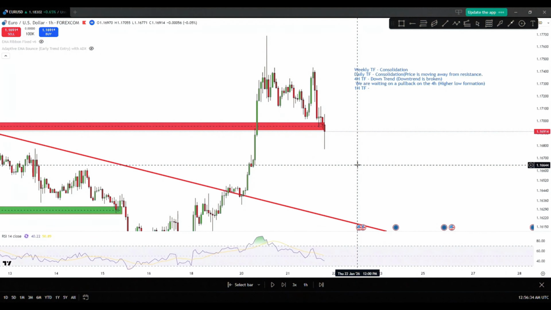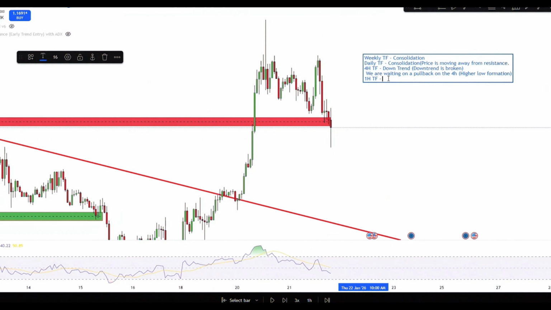So we should be expecting price to respect this level. It might not respect it. It can keep on going lower, but we're expecting price to respect it. So we're not going to enter into buy trades yet until we see that this level is being respected. So let's go down to the 15-minute time frame to see what's happening.